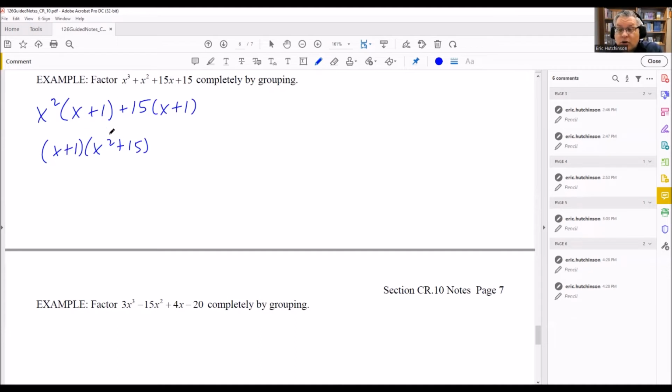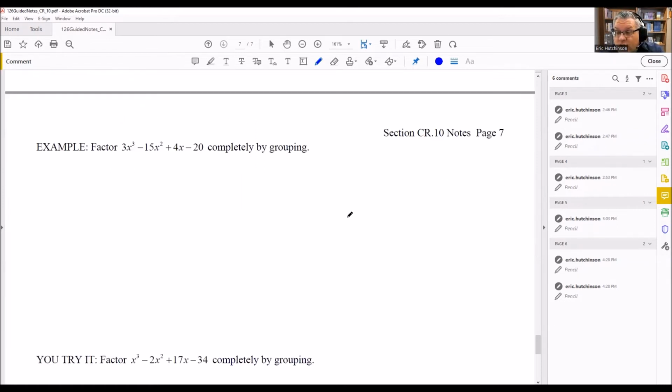If I were to multiply this back out, I would have x squared times x plus 1, and then 15 times x plus 1, and I get the same thing that I started with. Of course, I could multiply this back through to get back up to the top. So again, you can always multiply everything out, FOIL it, and you'll get the same thing that you started with on top. That's how you can check your work.